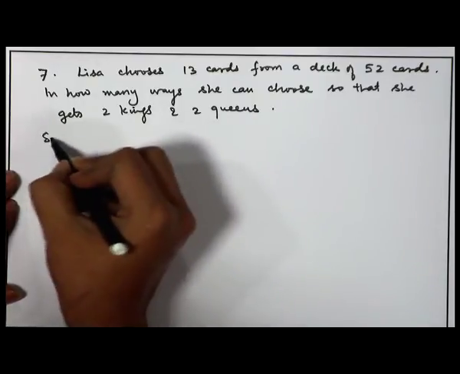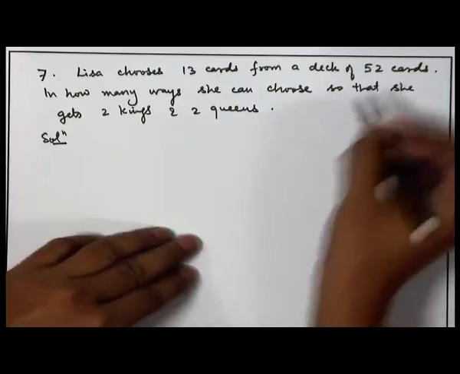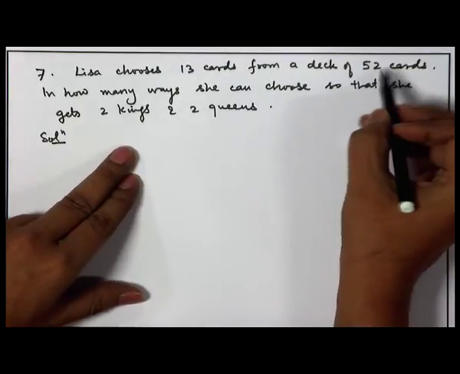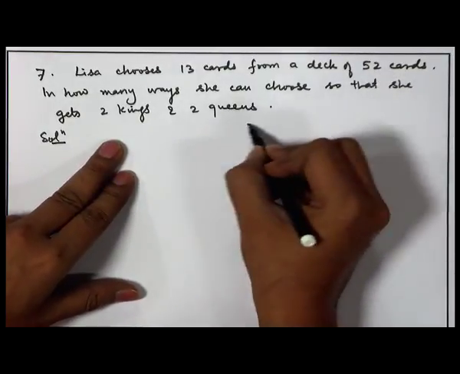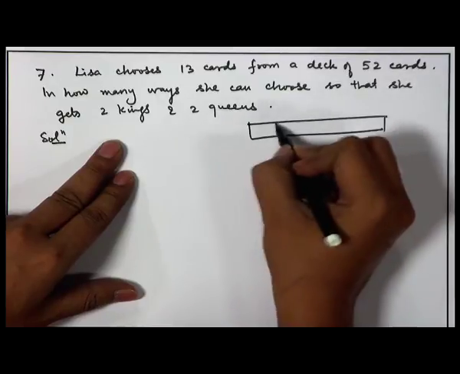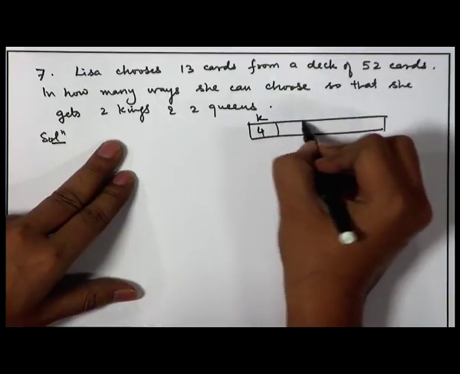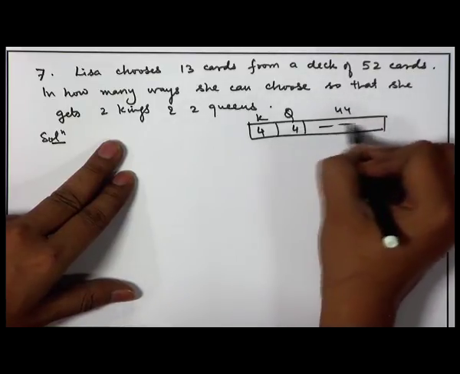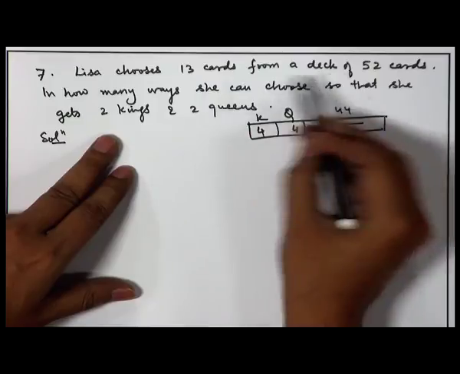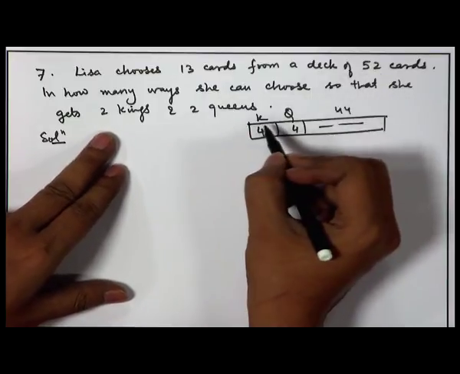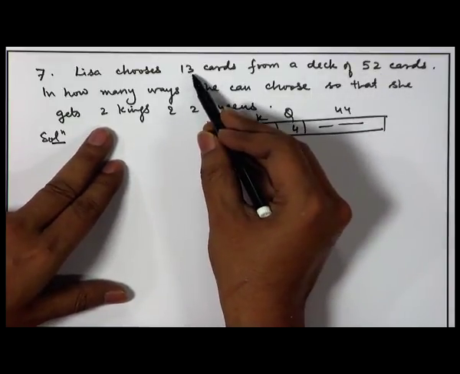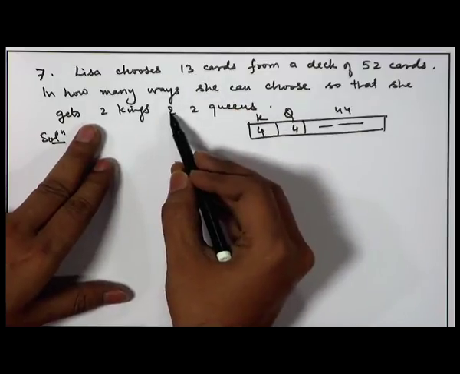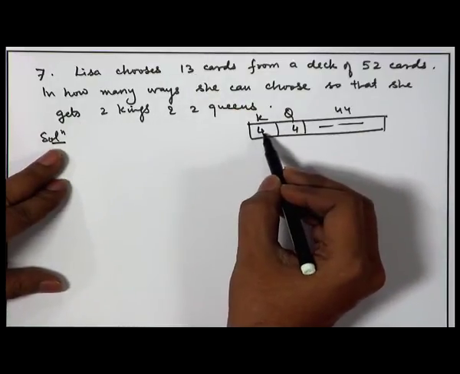So, now there are 52 cards. Out of the 52 cards, you have 4 king cards and 4 queen cards, and then the remaining cards are 44. If we put the restriction that out of these 13 cards selected, 2 must be kings, they have to be chosen from these 4.